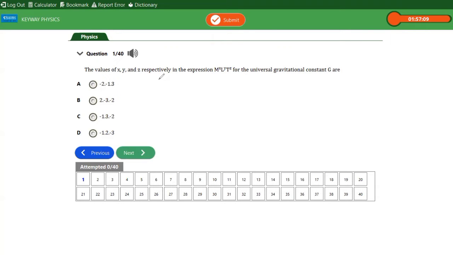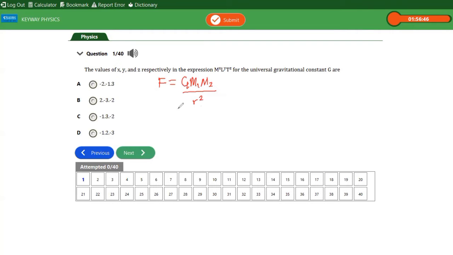So mathematically you have F is equal to G M1 M2 all over R squared. So we're actually looking for G, which is the constant of proportionality.